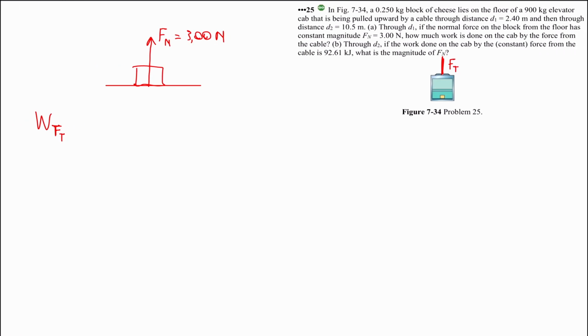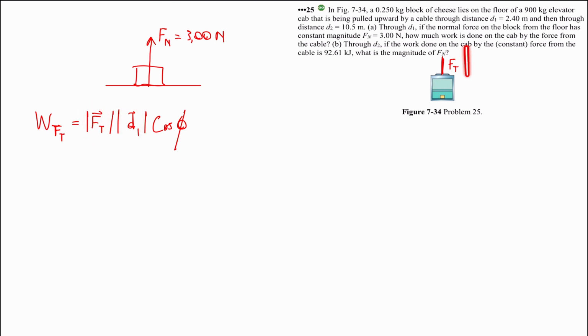So by that, we have enough to deduce that the work done by tension is going to be given by this formula, that is the magnitude of the tension force times the displacement in question, which in this case, the first part of the trip, is d1, times cosine of the angle between the tension force and the displacement vector.